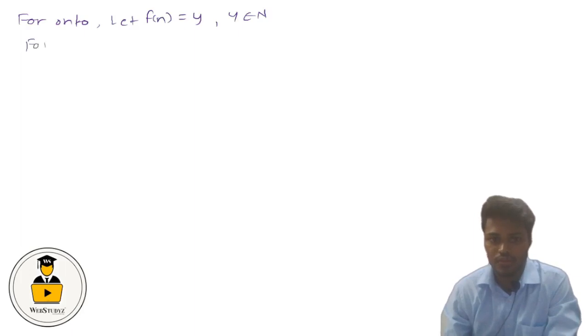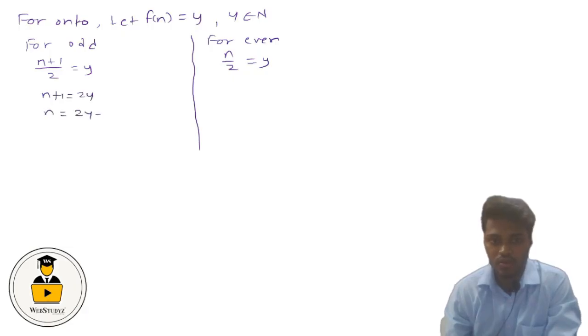For odd, we can have (n+1)/2 equals y, and for even values, it will be n/2 equals y. So from here, if you calculate the value of n, n+1 equals 2y, so n will be equal to 2y minus 1. And here n will be equal to 2y.